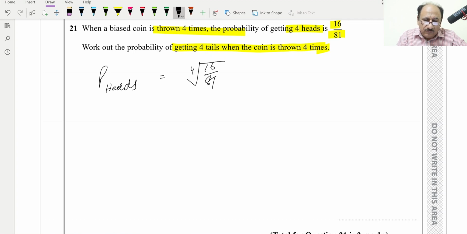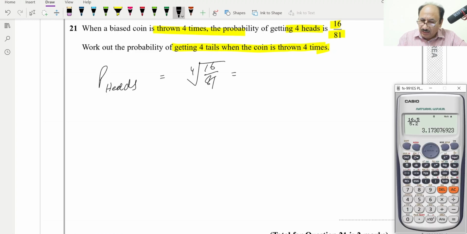When a biased coin is thrown 4 times, the probability of getting 4 heads will be this one, and this we can simplify with the help of a calculator. So fourth root we can check over here somewhere, this one.